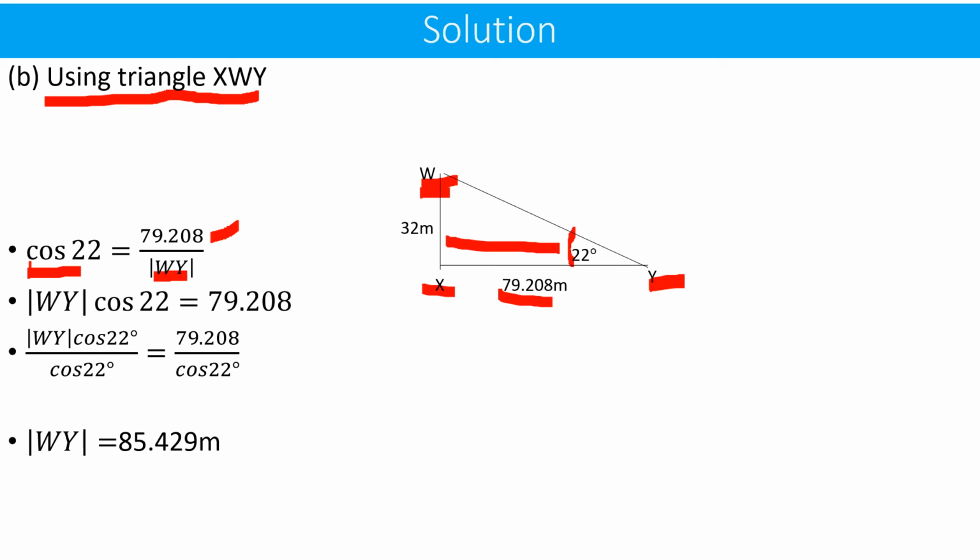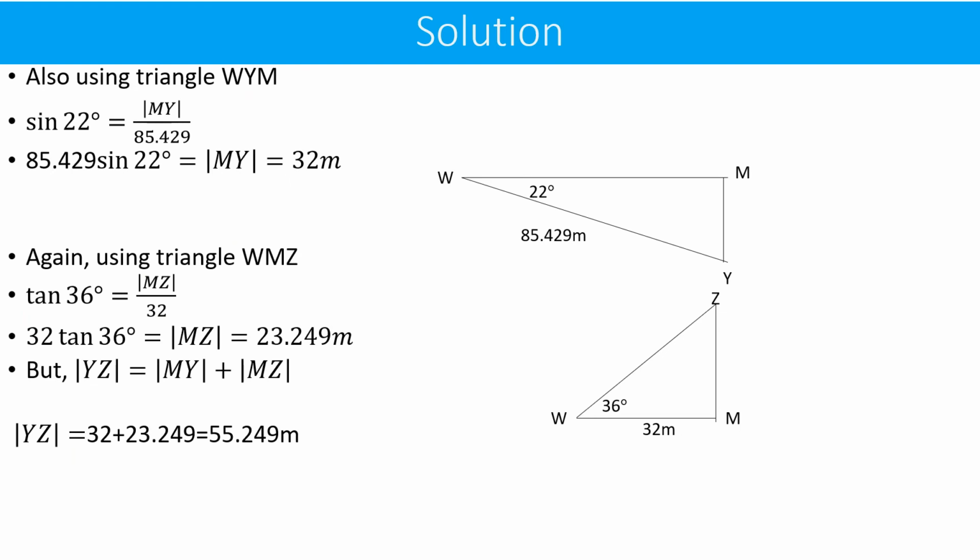So we multiply both sides by WY, so we get WY cos 22 is equal to 79.208. Then we divide both sides by cos 22. So WY is 79.208 over cos 22, which gives us 85.429 meters.